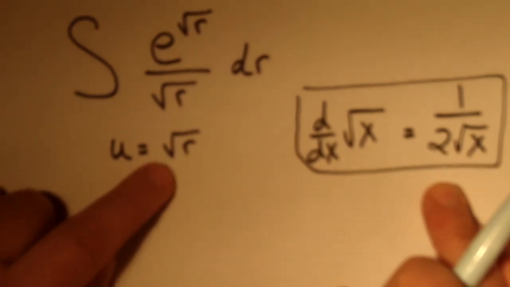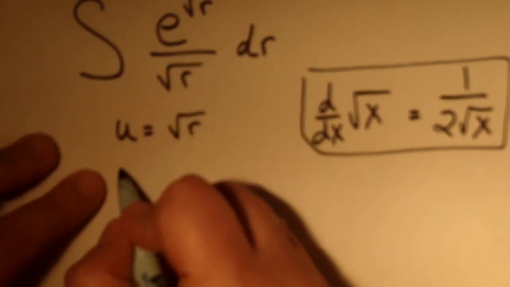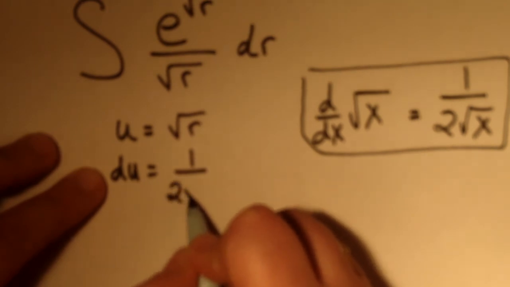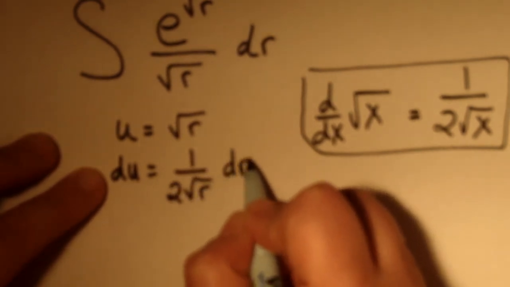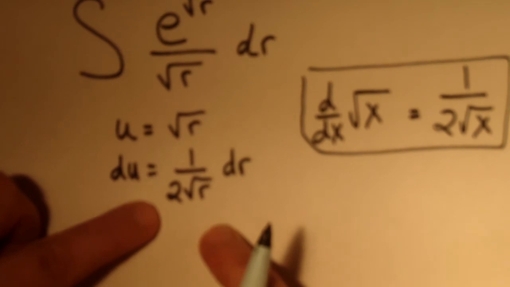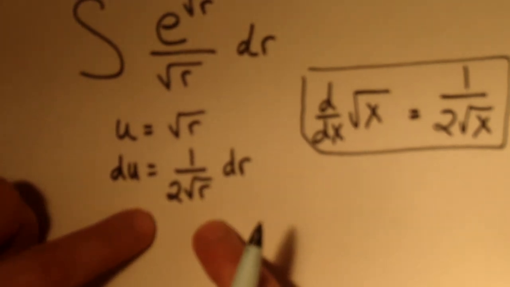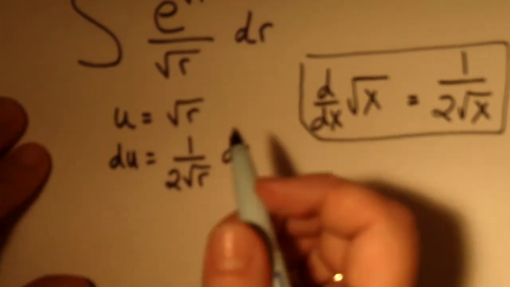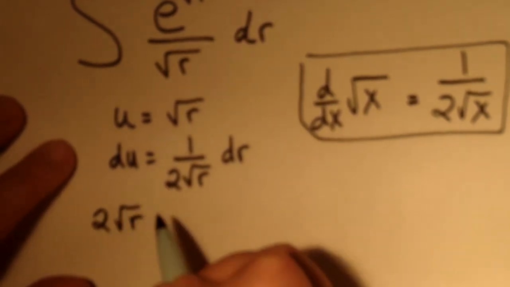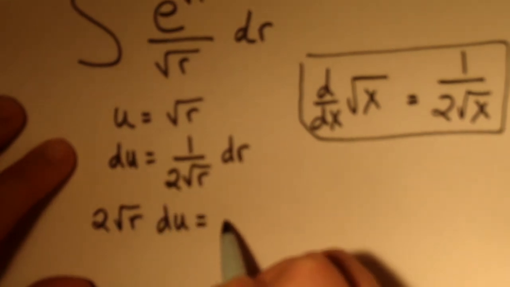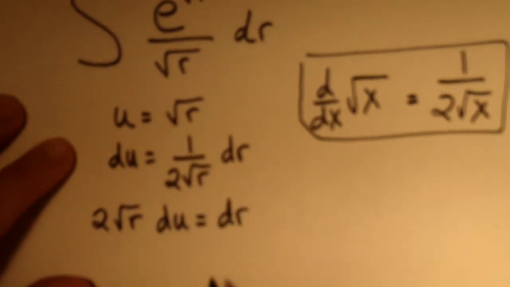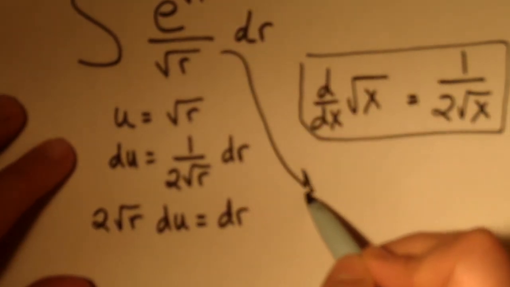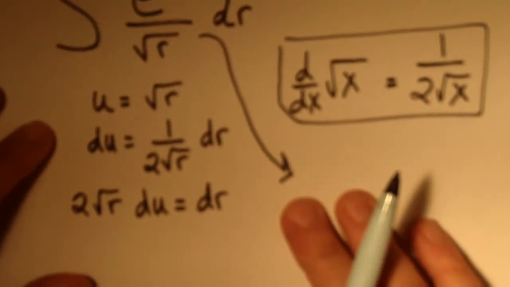I just have an r instead of an x, so my derivative would be 1 over 2 radical r dr. If you solve this for dr, multiplying both sides by 2 radical r, I'd get 2 radical r du equals dr.